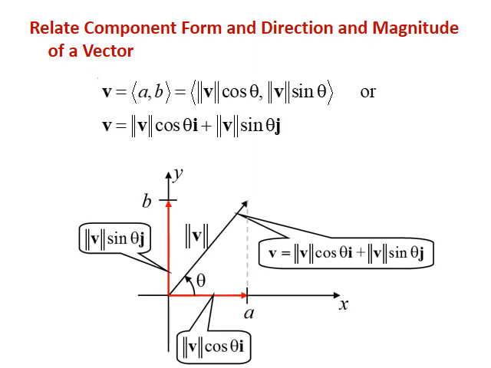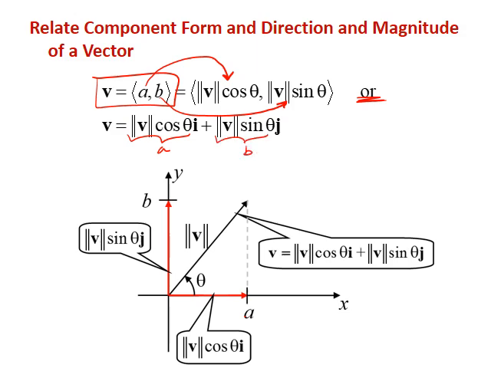Vector V written in this way, A is this, B is this. You can also write it in terms of I and J. So this was A and this was B, so you just attach it to the I and the J. Nothing crazy. You're welcome to pause the video and analyze this a little bit to get a better foundation if needed.